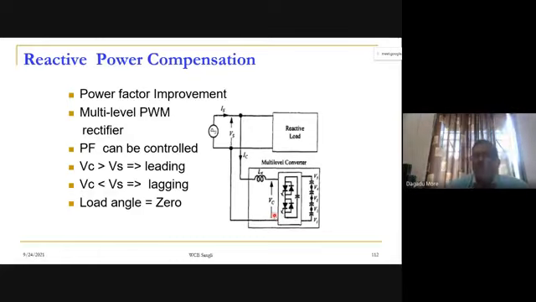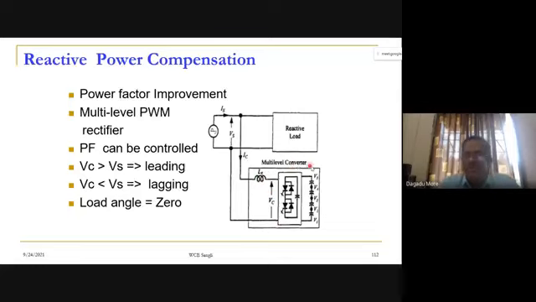Reactive power compensation can be used in the transmission network, where we have to support the reactive power to maintain the voltage profile. Sometimes when the load is very high, we have to supply the reactive power. And during midnight, we have to supply the lagging reactive power. That is possible with the help of a STATCOM.